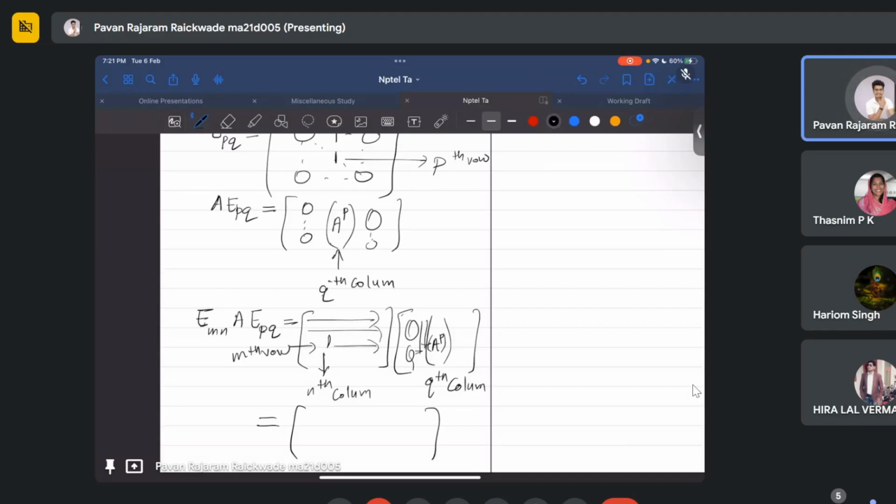Only at the mth row do you multiply with the qth column, so in the mth row I get the entry a_mp, right?